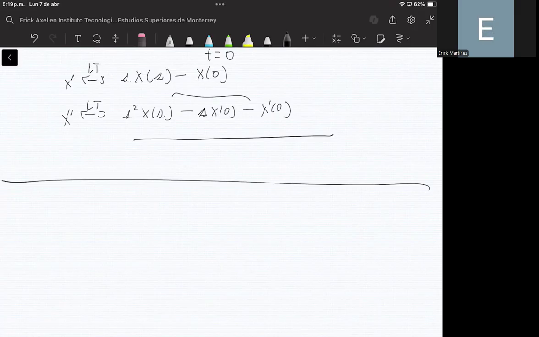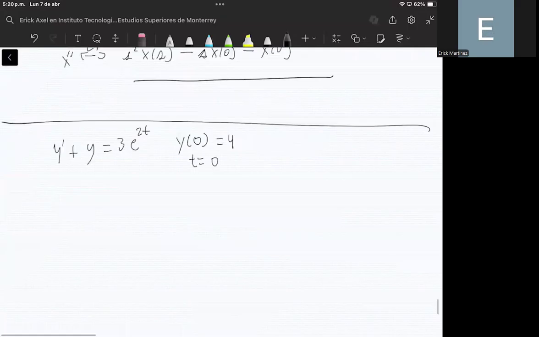We have y prime plus y is equal to 3 times e elevated to the 2 times t. And we have the following initial condition, that is y at 0 is equal to 4. This is the initial condition at time t equals 0, at the beginning of the analysis.